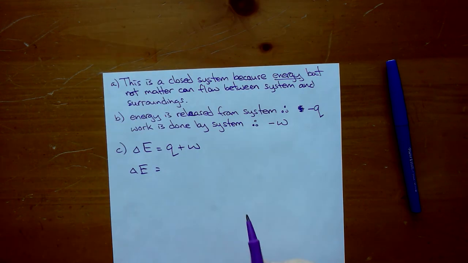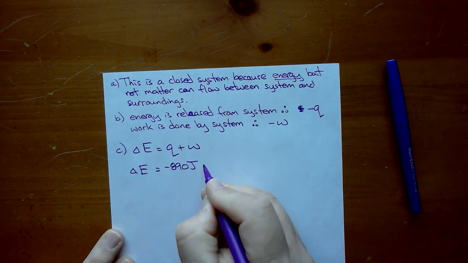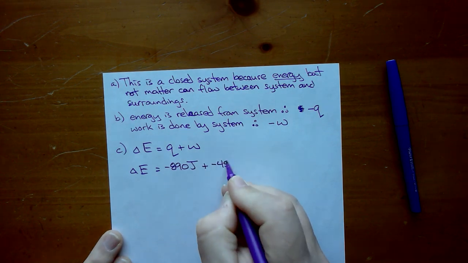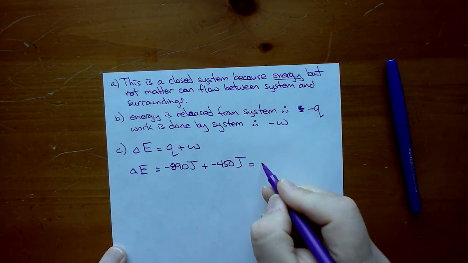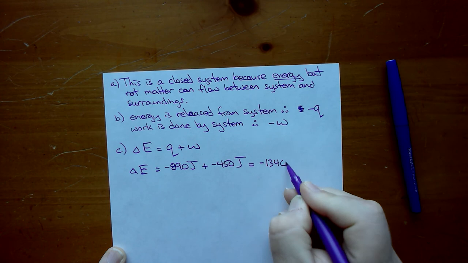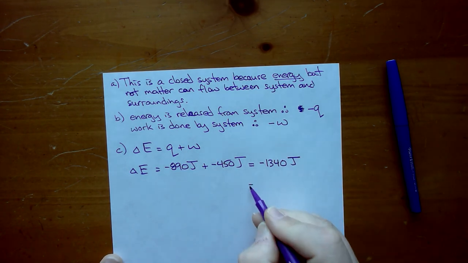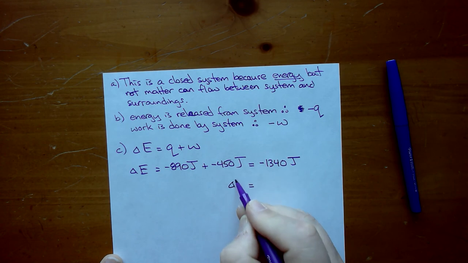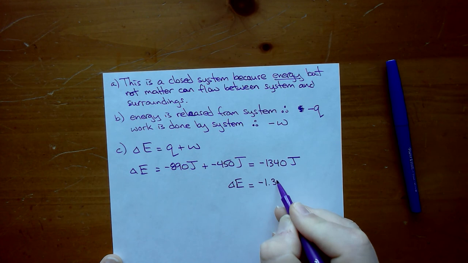So that's a negative 890 joules plus a negative 450 joules. So the delta E is a negative 1340 joules of energy. And we really like to say that the delta E is a negative 1.34 kilojoules of energy.